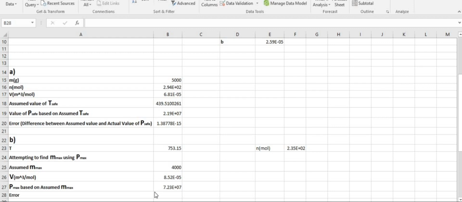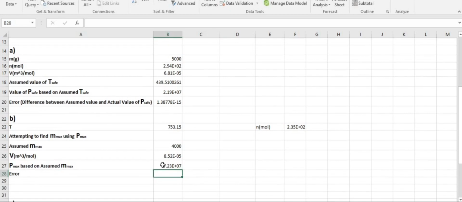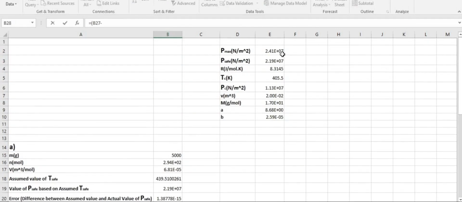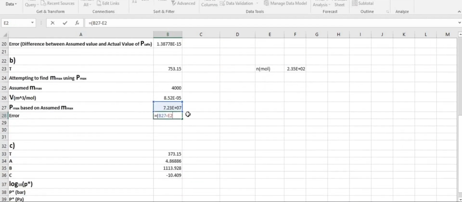So our maximum value of M should go with our maximum value of P. So our error will be equal to the square of the difference between this P max here and the one here. So you square them and you get your answer.